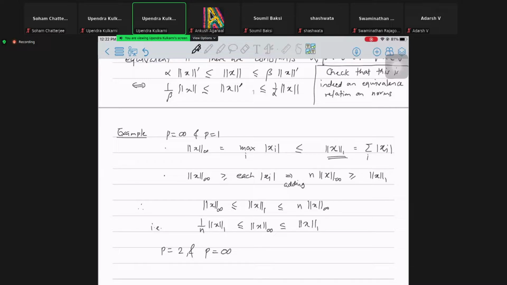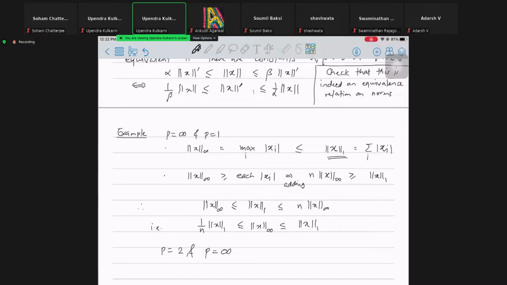Just check what's going on. In that summation, I'm taking squares inside and then taking the square root. Now, inside those squares, I just take only the term that is the largest and make the rest of the terms to be 0. That's what is going to give me this infinity norm, right? Yes, sir. So you see the first one goes through in exactly the same manner.